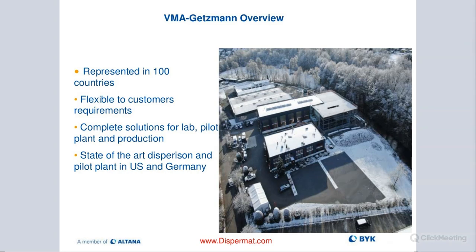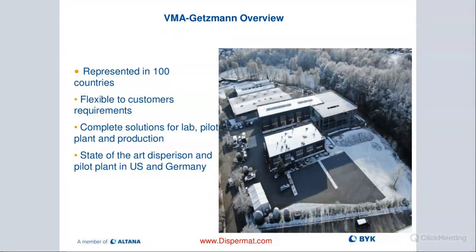So here is just a quick slide showing you the company located in Germany, about 60 miles east of Cologne, in a town called Reichshof. The companies all over the world, more than 100 countries. And one of the things VMA is known for is its flexibility.